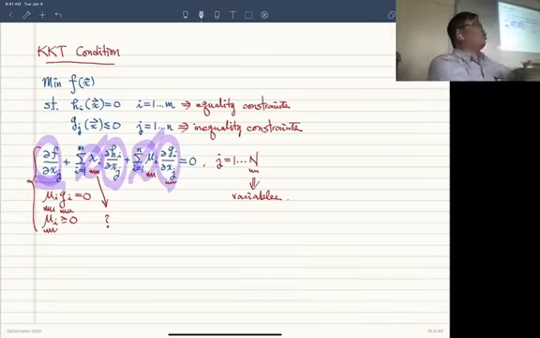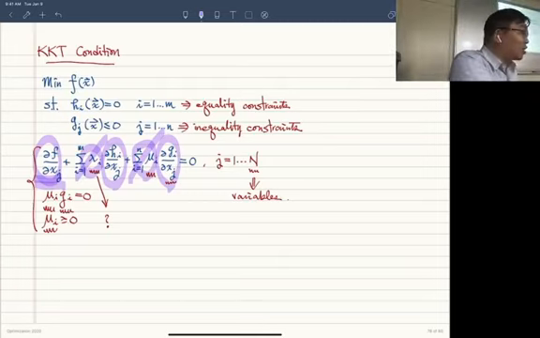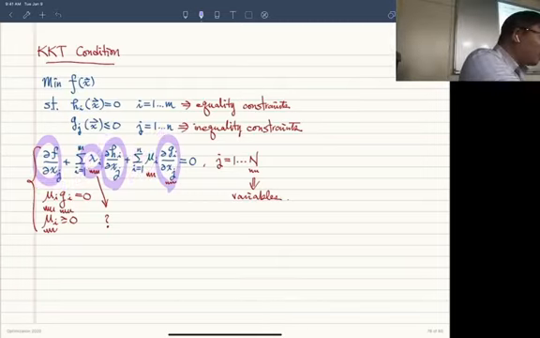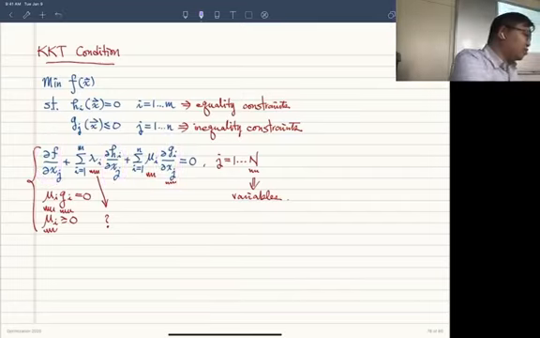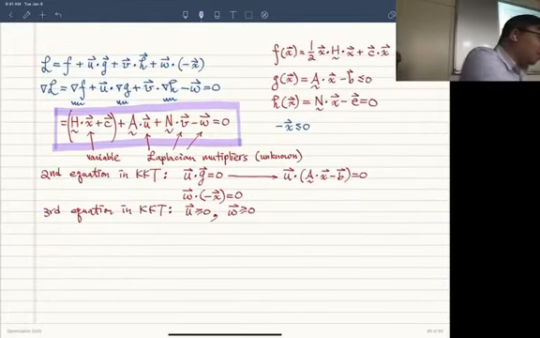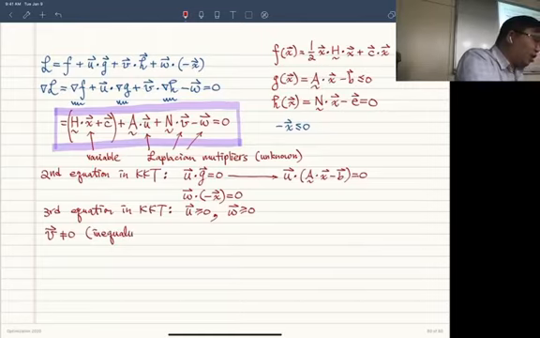You ignore those constraints. So usually your lambda shouldn't be 0. Otherwise, it's like you are ignoring all the constraints. Based on that idea, how about v? V should not be 0, because they are the coefficients in front of the equality constraints.